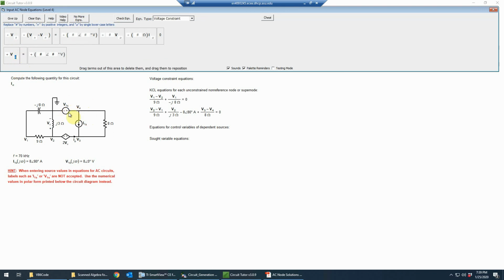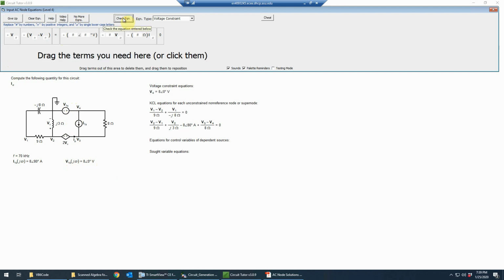Since the positive side is connected to V4, that will just be V4 with a plus sign. Now, if it had been the negative side connected to V4, then it would have been negative V4 equal to this value, which is the value of the source. So V1S, we get that down here, that's 8 angle 0 degrees. And we'll check that equation.